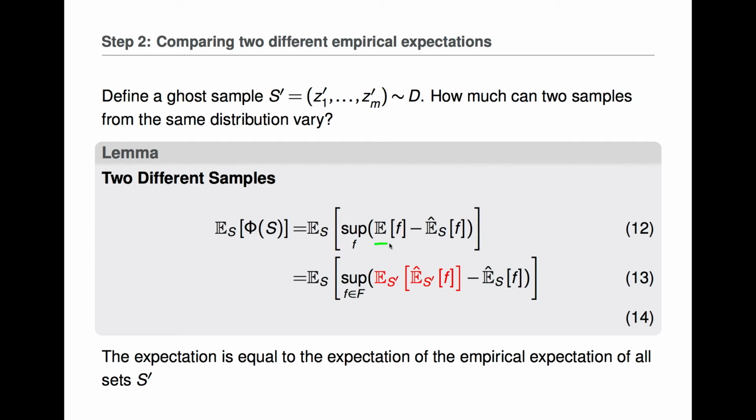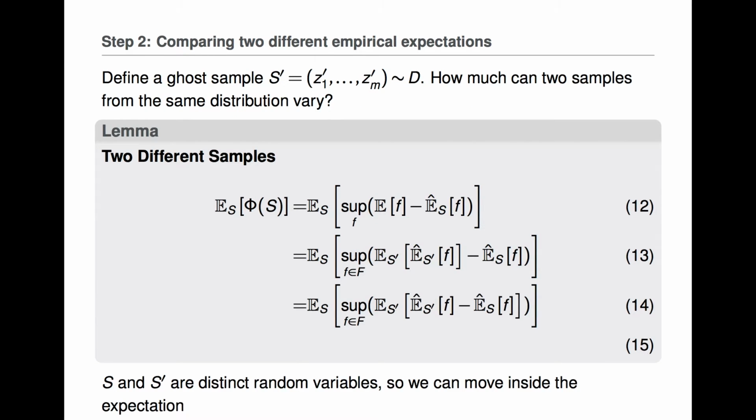Rewrite the expectation over the data distribution in this sort of funky way that will say that the expectation of the value of our function f is equal to the empirical distribution of some explicit set S prime, and we'll take the expectation over all sets S prime. So this is an argument that we've seen before. We used this last week in our discussion of PAC learnability. You should be able to believe that if you take the expectation of a finite set over all finite sets, then that will be the true expectation of that quantity.